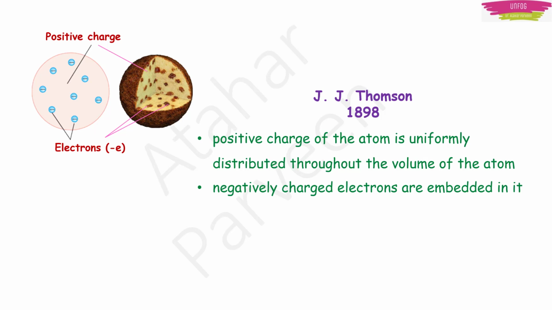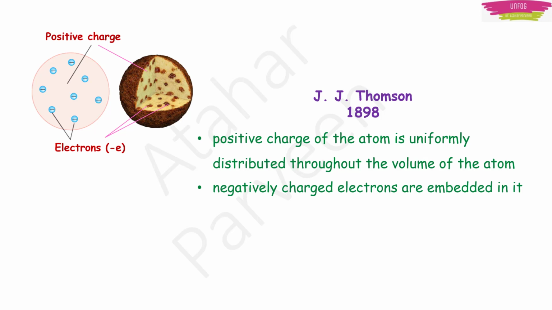He told that in that plum pudding cake, the entire cake is nothing but positive charge. He compared this plum pudding to the atom. Whatever the portion of the cake is, that is all positively charged, and the cherries or plums are electrons, he told.